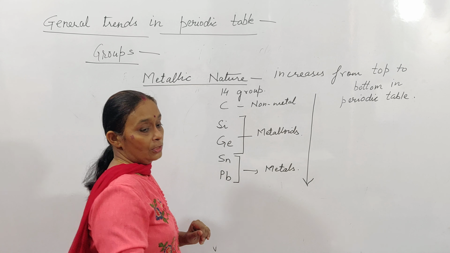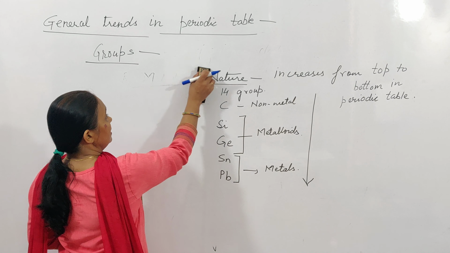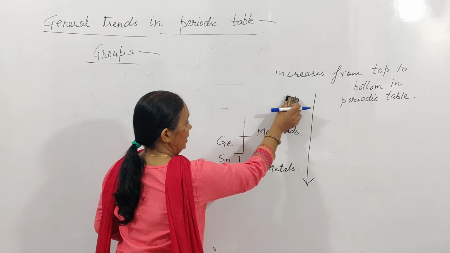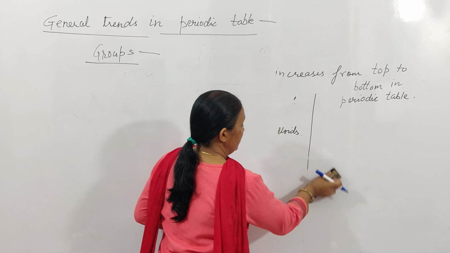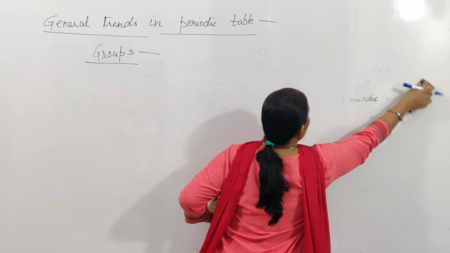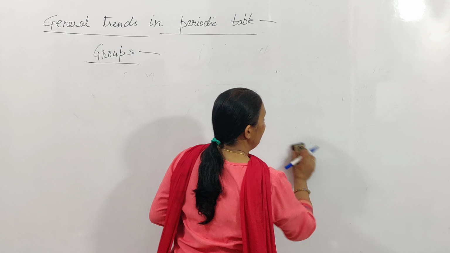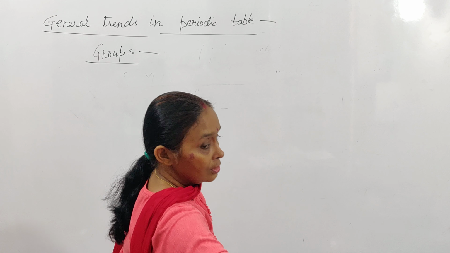Now the next property, let us see one more property, that is reactivity of the elements. If you see the reactivity, we will see examples of two groups. First is alkali metals and second is halogens.